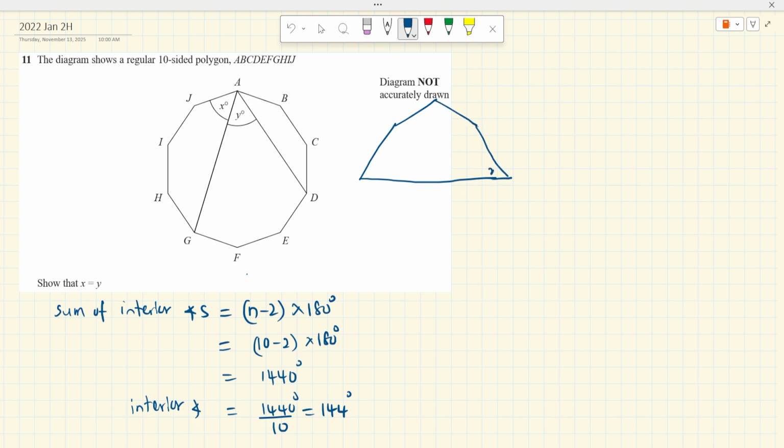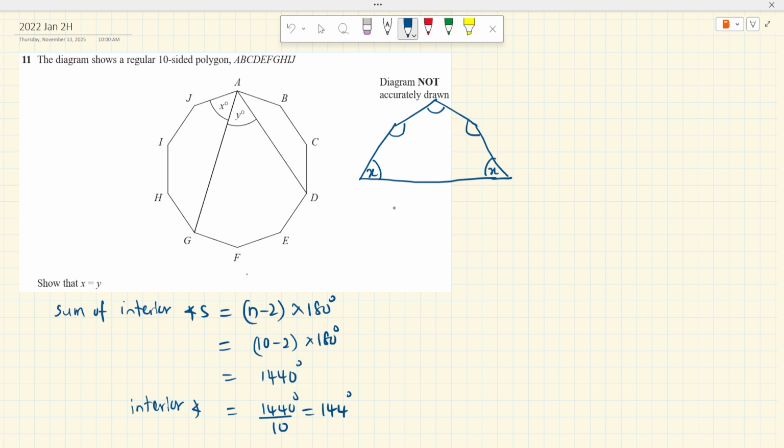This is x. These are interior angles, 144 each, and this is regular. So when you consider symmetry, this is also x. Then this is a pentagon, 5 sides.